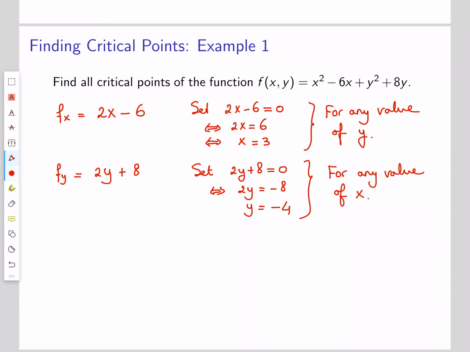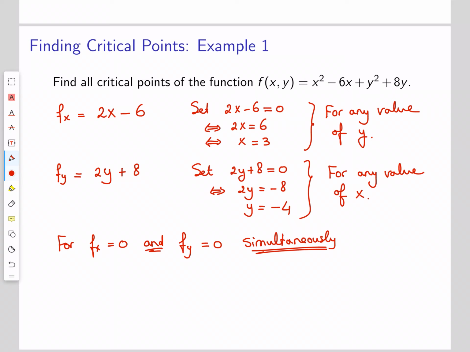Okay, but we do need both derivatives to be equal to 0 simultaneously. So for f sub x, the derivative with respect to x, equal to 0 and f sub y, the derivative with respect to y, to be equal to 0 simultaneously. So simultaneously, I'm going to emphasize that.